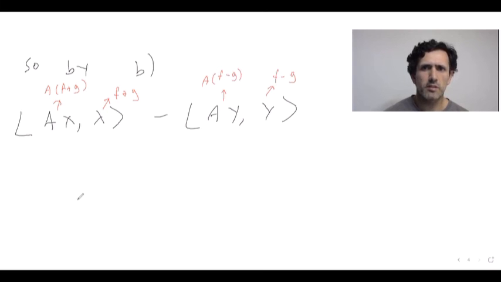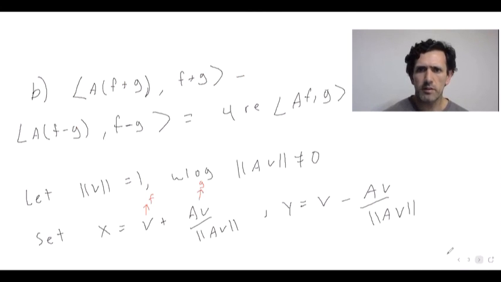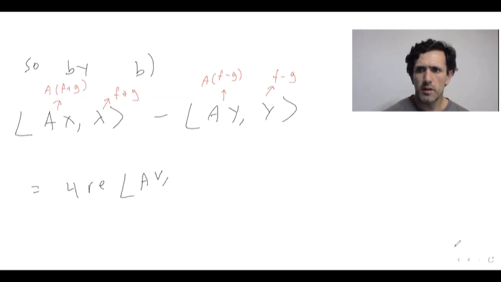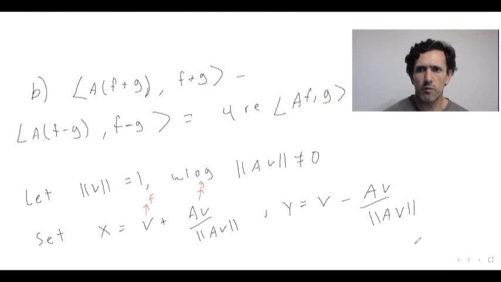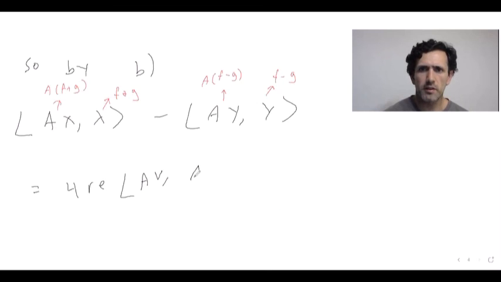So we said that this is going to be equal to 4 times the real part of (Af, g), which is V inner product with G, which is AV over the norm of AV. Which is, of course, just 4 times the norm of AV.